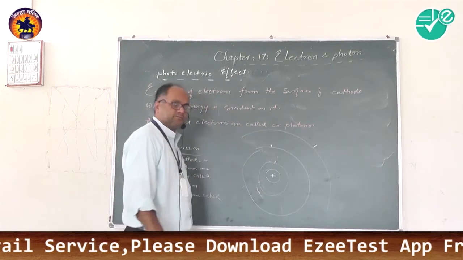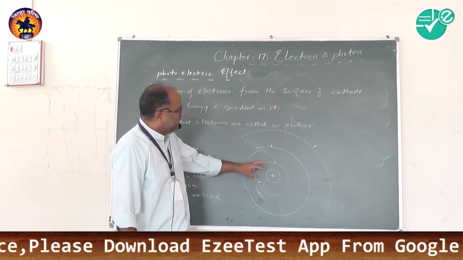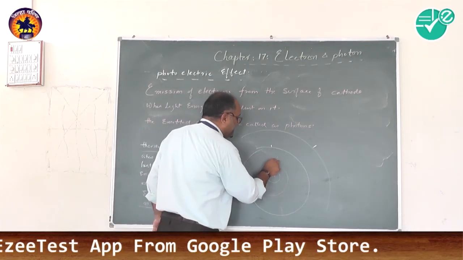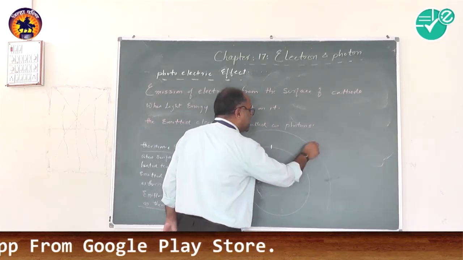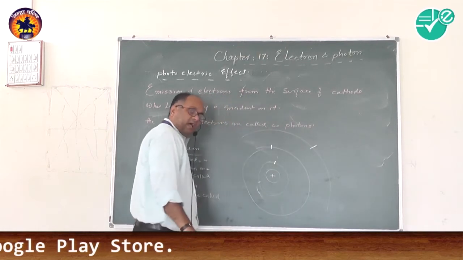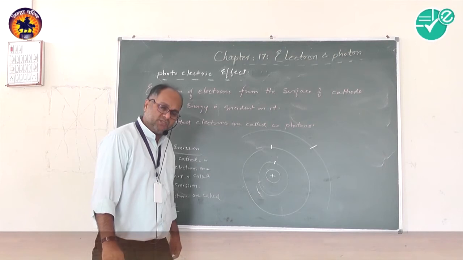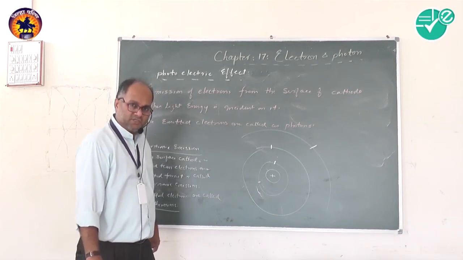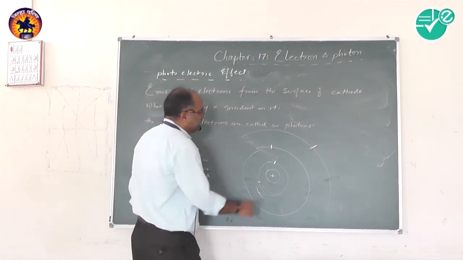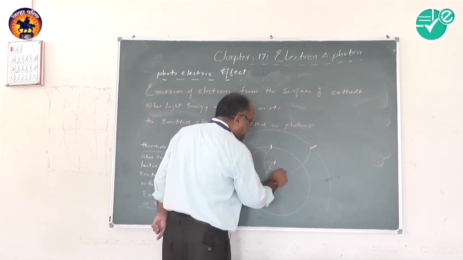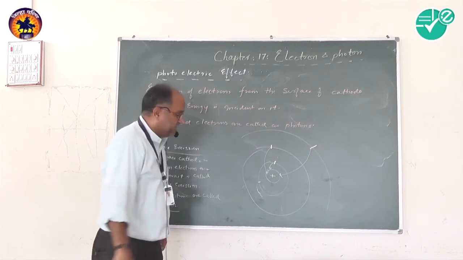The electrons in any orbit are bound to the positively charged nucleus with the help of the electrostatic force of attraction.